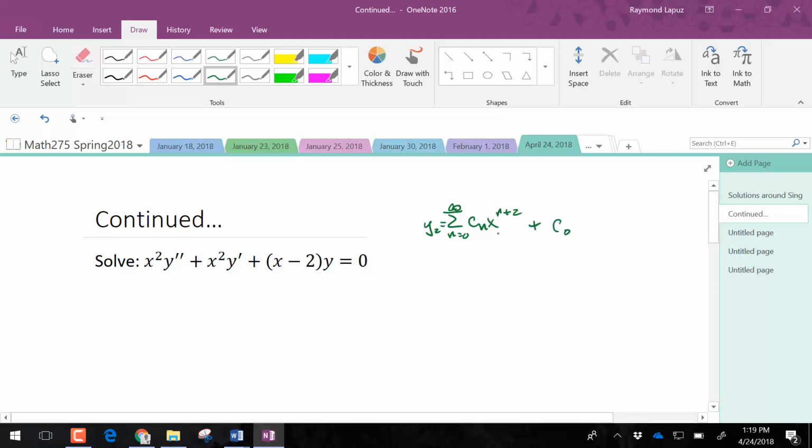So this is a different c sub 0 here, right?